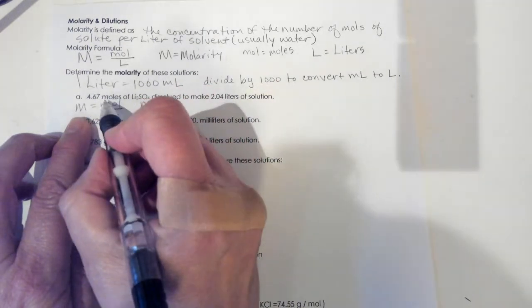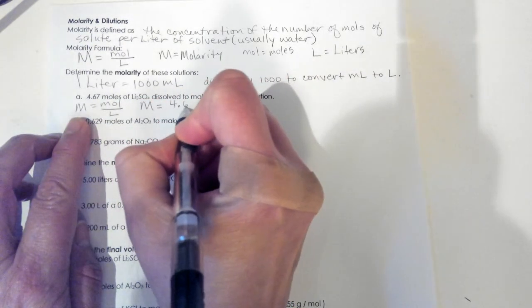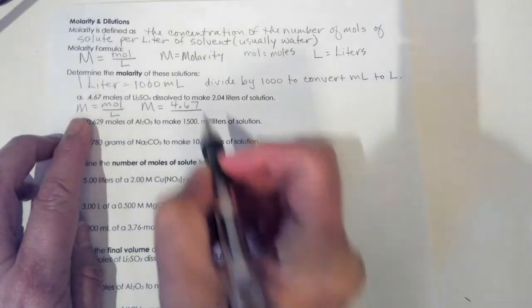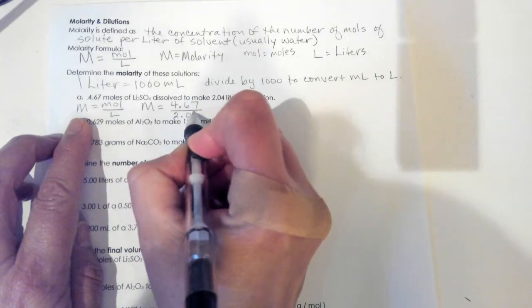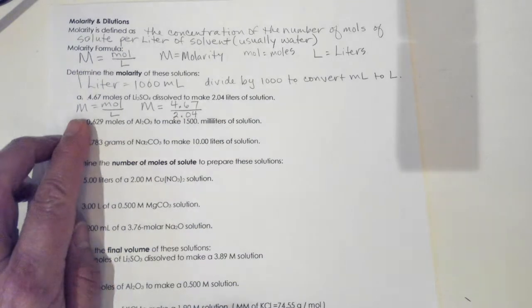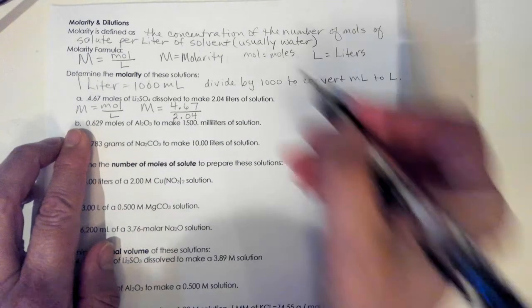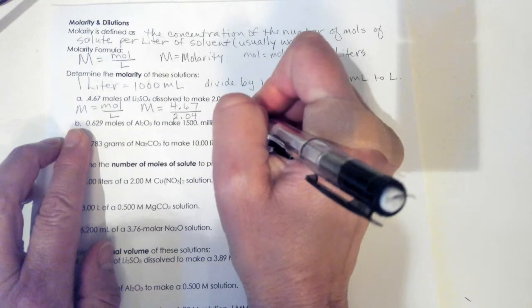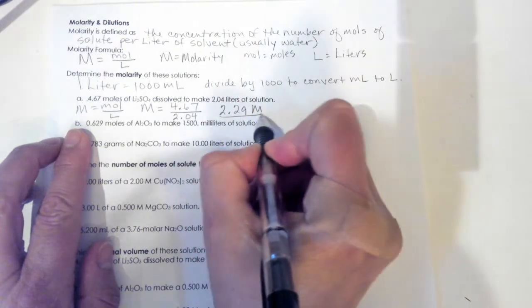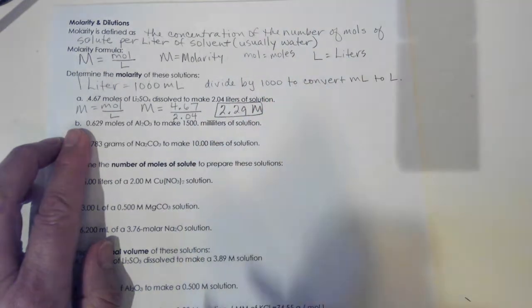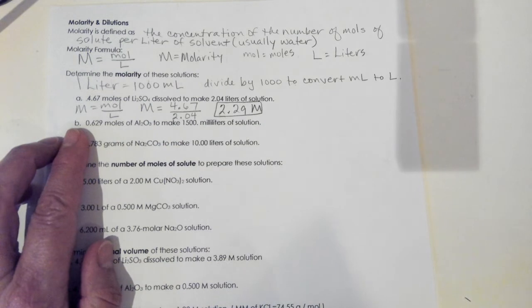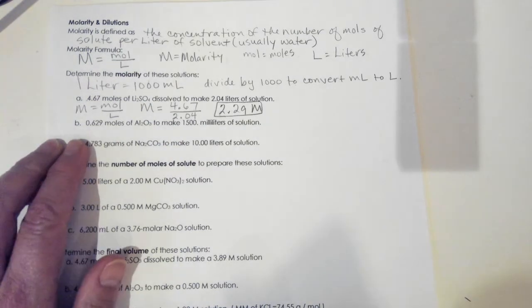Here's our moles, 4.67. Here is our liters, 2.04. And we divide and we get 2.29 for a molarity. That means the concentration is 2.29 moles for every 1 liter.